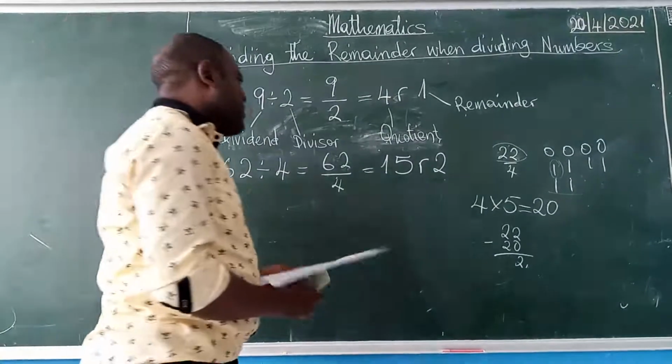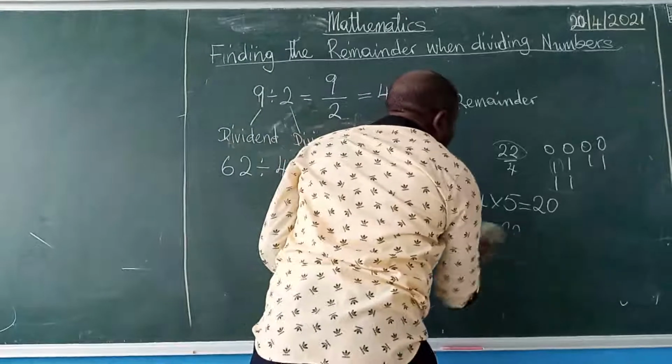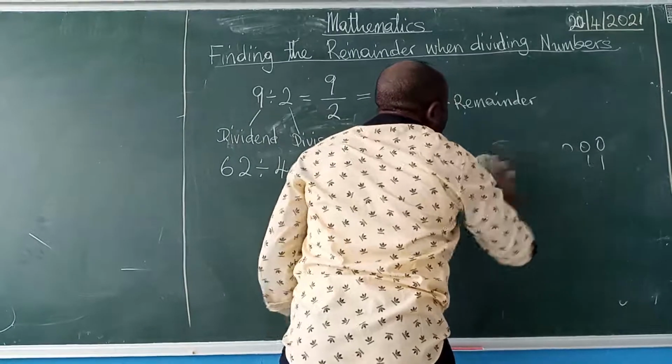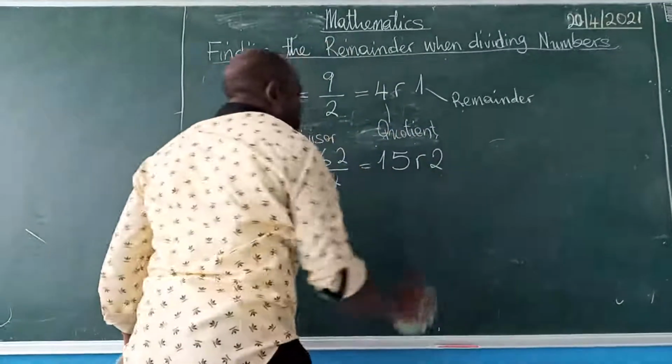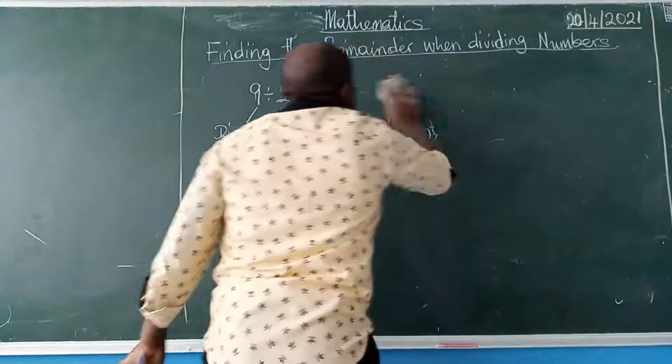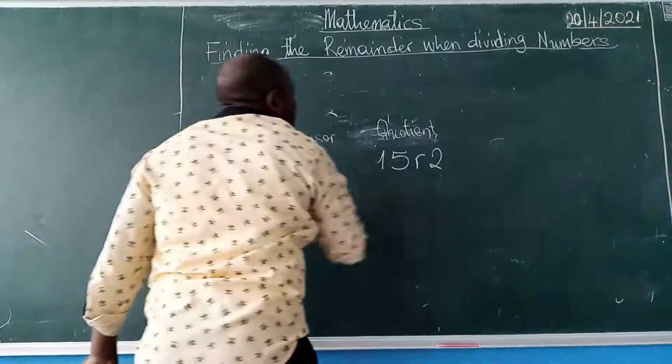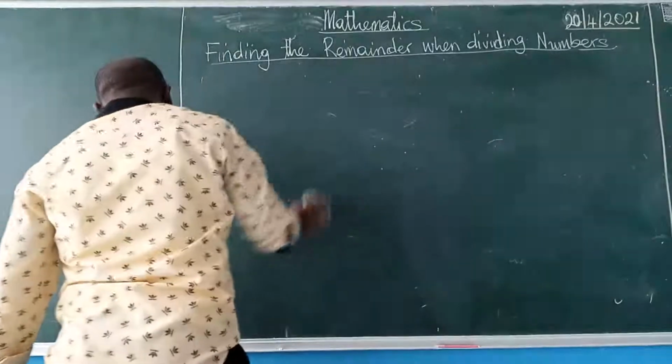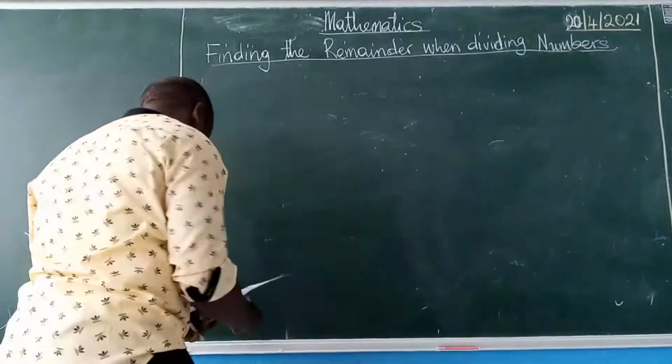Now, I want to give us an exercise in a table. Let's see how we can fill the table with the quotient and the remainder of numbers after we divide numbers.